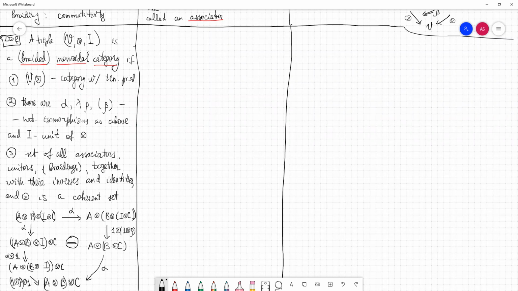So we can perform our operations in any order and still get the same result. If in this diagram we add for a second some other isomorphism from outside this set of associators, unitors, braidings, and so on, then we won't necessarily obtain the same isomorphism. But if we enclose ourselves only to such a set, then everything will work out and we will get a commutative diagram.